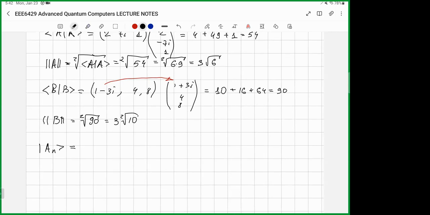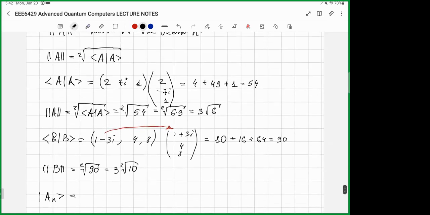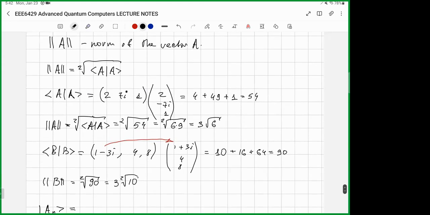If you take a vector of length, let's say 10, you find the length, divide the vector by its length, then you get a vector of length 1. And we name this the normalized vector.